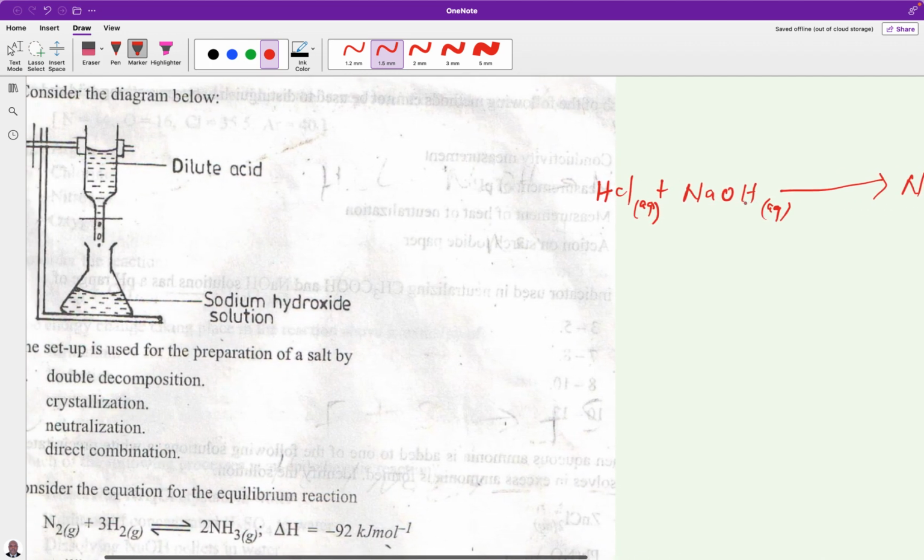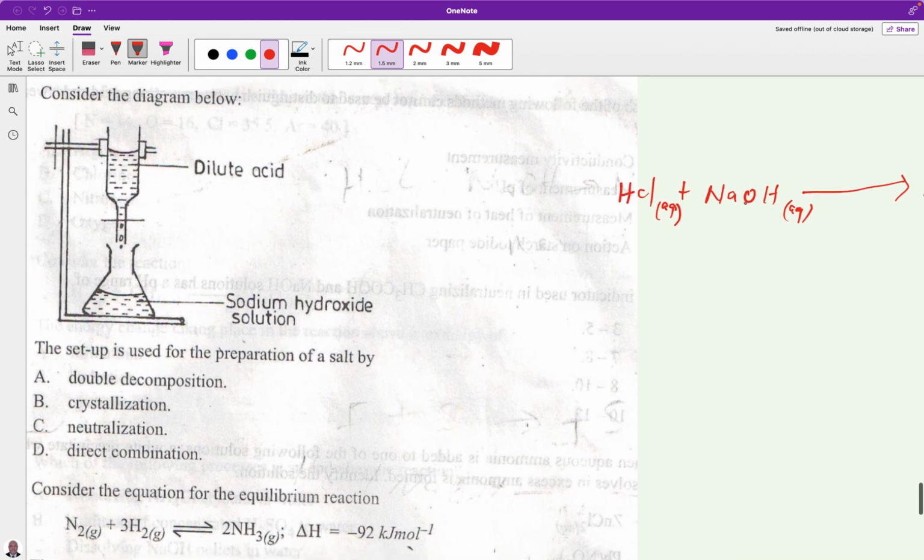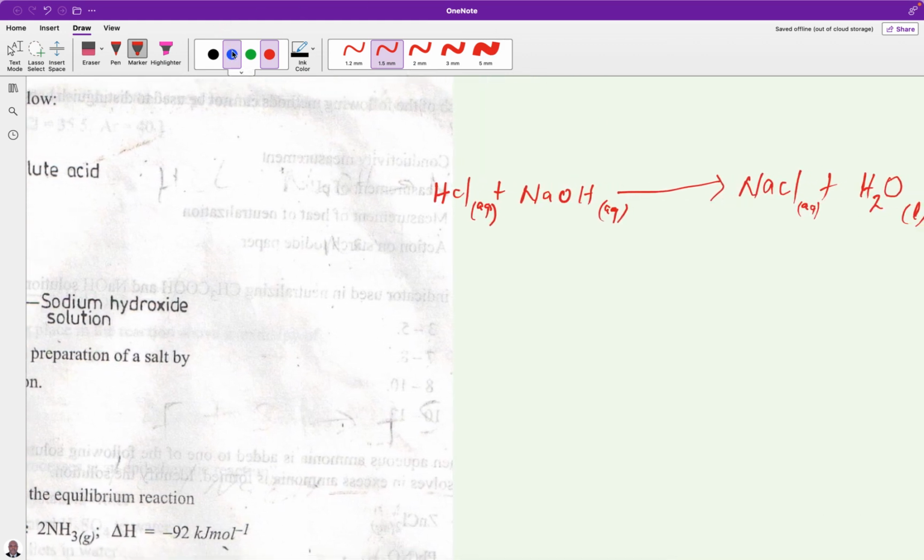The sodium chloride that is being formed, we will not take it after titrating it and getting it to the end point. We will not collect it in our conical flask.